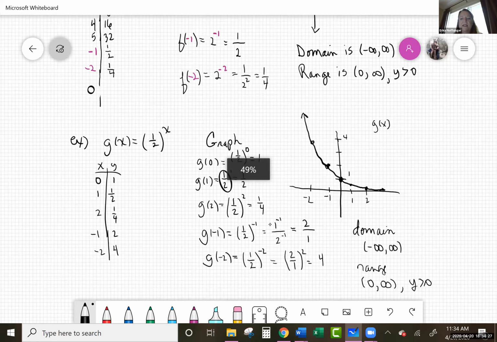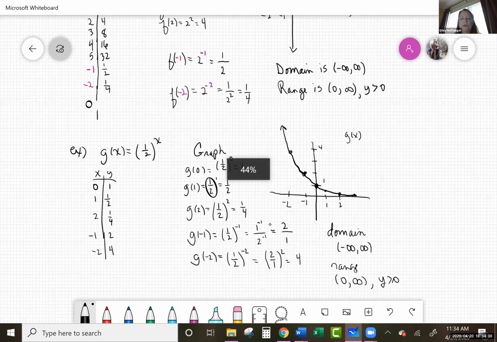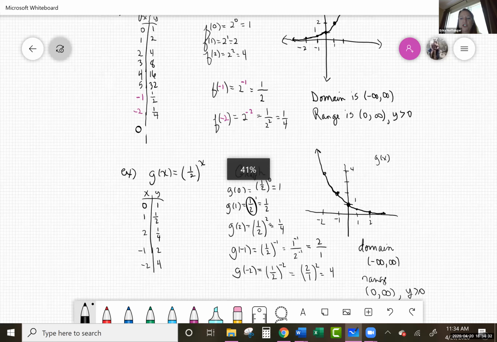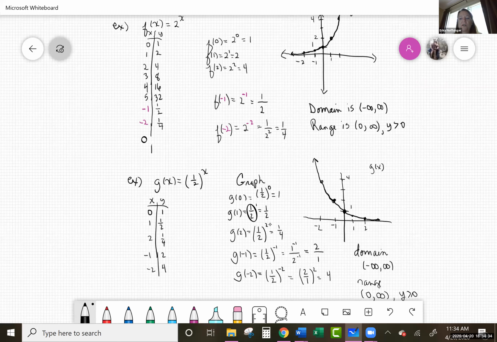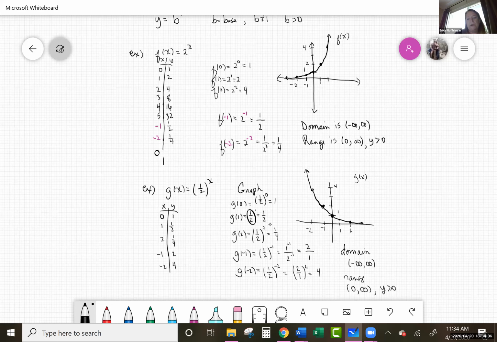And so that shape right there is the general shape of what your function is going to look like if your base is between 0 and 1. So they kind of grow at the same rate. One is either increasing or decreasing though.